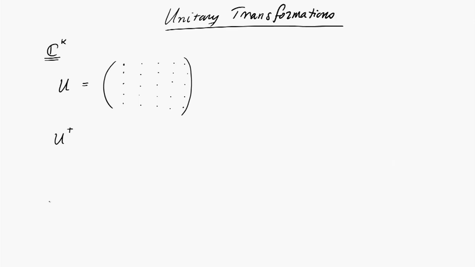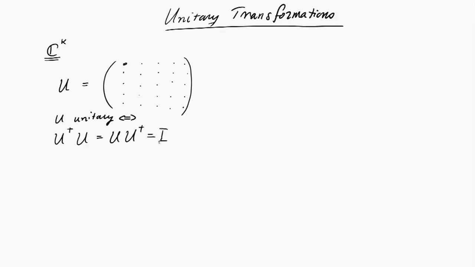By this we mean every complex number that occurs in this matrix, you take the complex conjugate and then take the transpose of this matrix. If U dagger, U conjugate transpose, times U equal to U times U conjugate transpose is the identity. Right? So U is unitary if and only if this condition is satisfied.